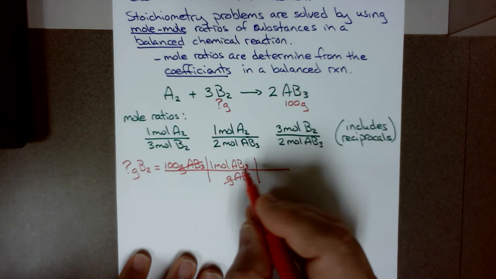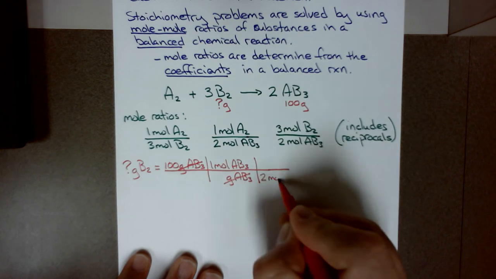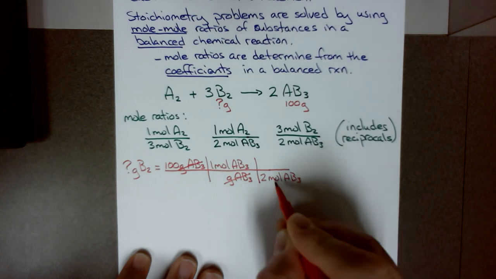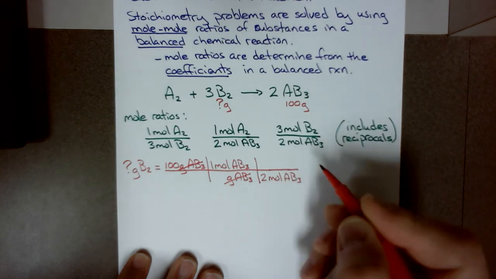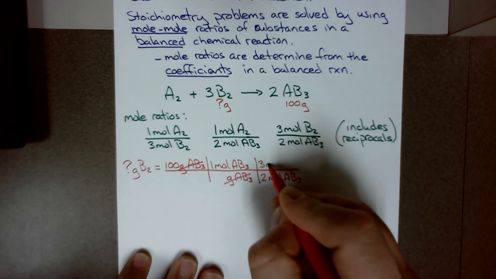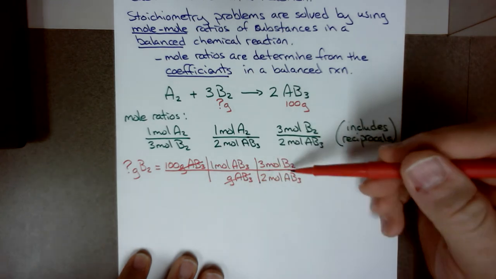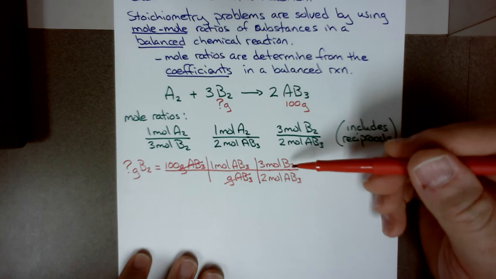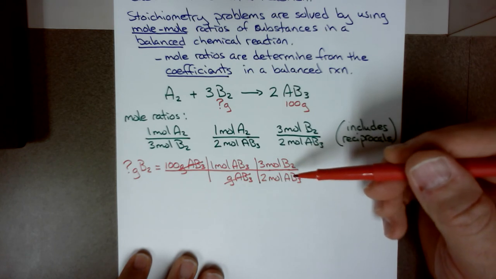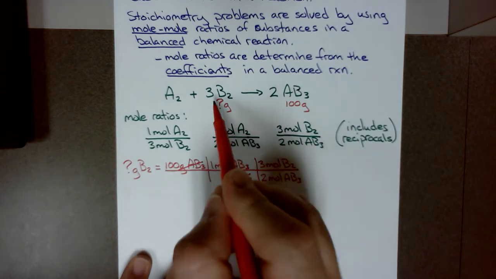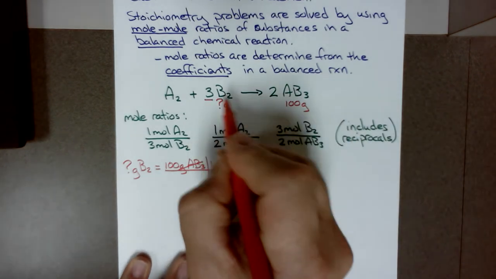So for every 2 moles of AB3 that are produced, I have to react 3 moles of B2. So this is my mole to mole ratio. This is the stoichiometric step that takes me from one substance to the other substance. And I get that ratio from my coefficients up here.